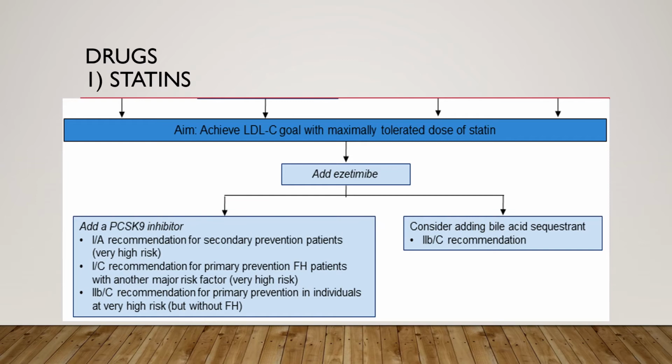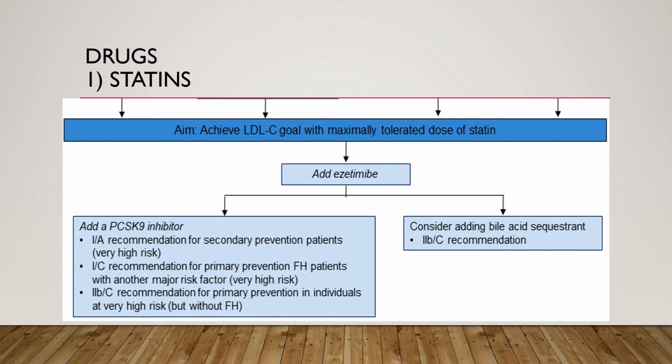If the patient has a creatine kinase level more than 4 times the upper limit of normal, you can stop for 6 weeks and then re-administer another potent statin. But the target is to reach the LDL goal with the maximum tolerated dose of the statin.